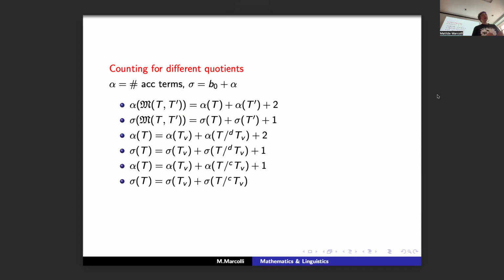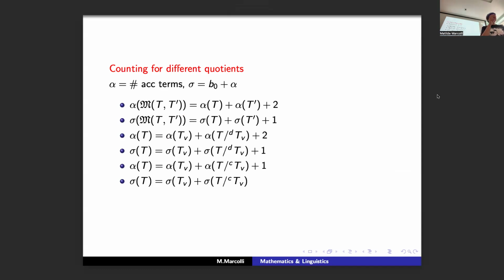if we want to look at the effects on the number of accessible terms and the number of components, the counting of accessible terms does depend on how you form this quotient structure, because the accessible terms depend on internal vertices of the tree.